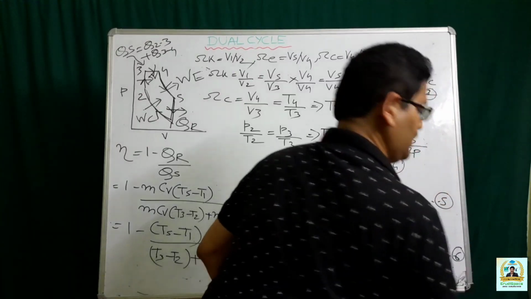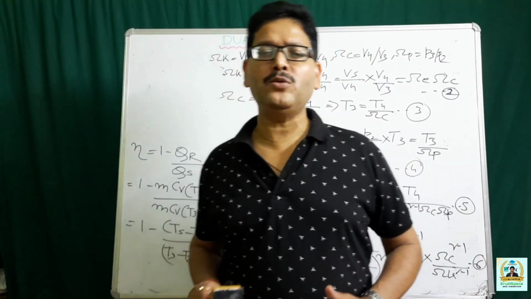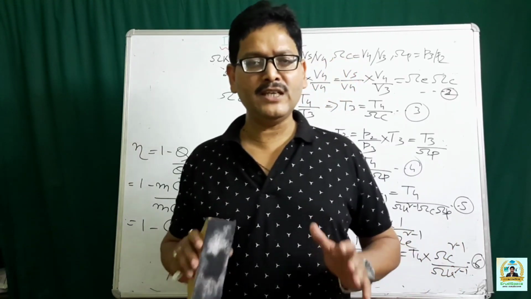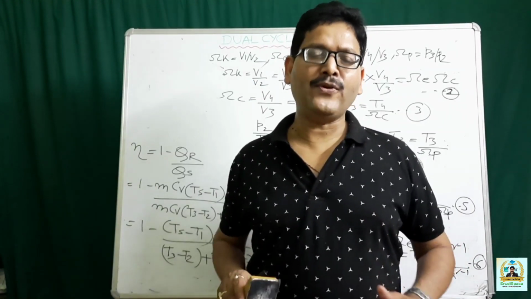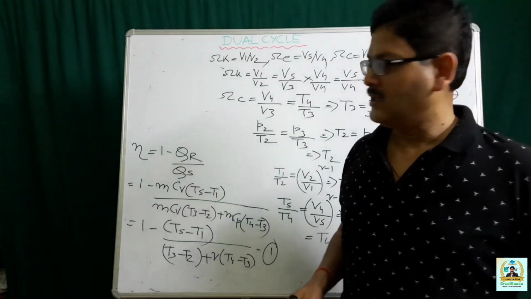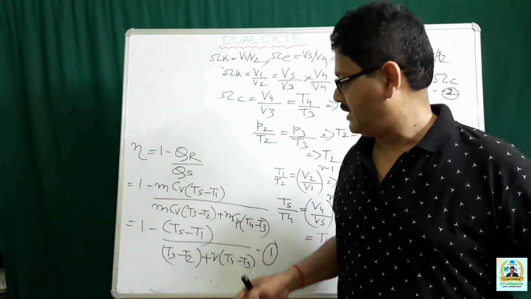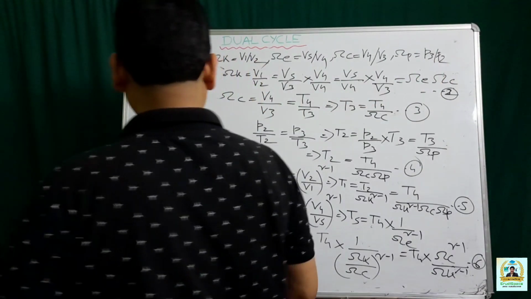This becomes equation 6. So now we'll actually substitute the values of T1, T2, T3, T5 in this equation 1 to find an expression for air standard efficiency in terms of different ratios.